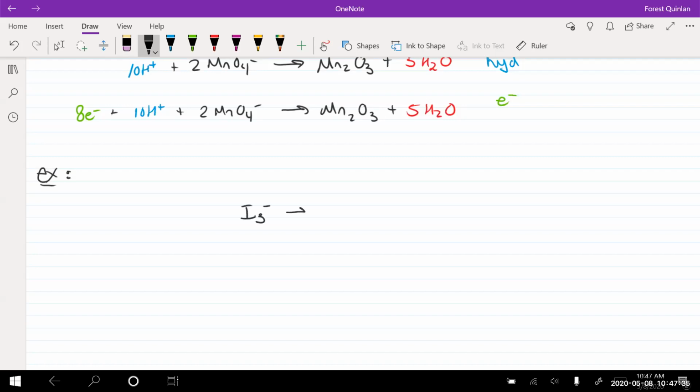Triiodide going to iodate. Okay. First of all, just to be clear, is this going to be an oxidation or a reduction? Triiodide: what is the charge on the iodine?